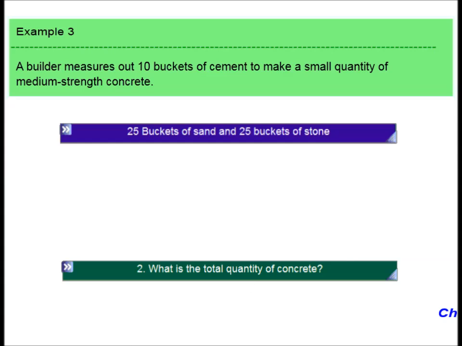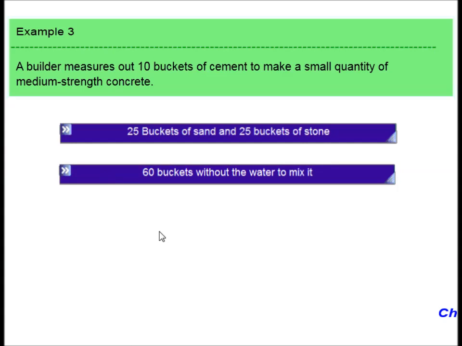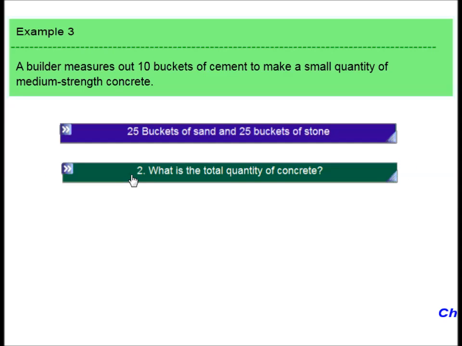What is the total quantity? The total quantity is going to be 60. Now, how did I get the 60? Well, he needed 10 cement. He needed 25 sand.